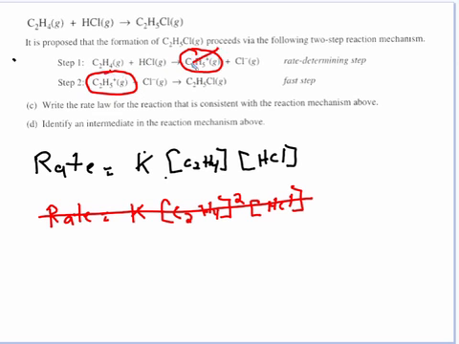Basically, it cancels out, and it doesn't appear in the overall equation above. Chloride could also be one because it's produced in a previous step, it's used up in another step, and it doesn't appear in the overall equation. So either one of those would be an intermediate. They're both intermediates. They don't appear in this step up here.